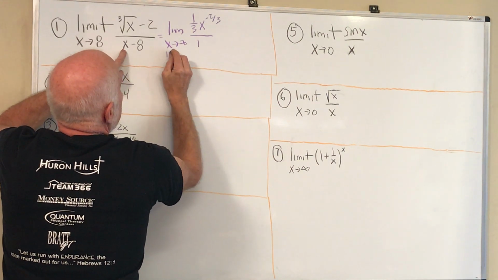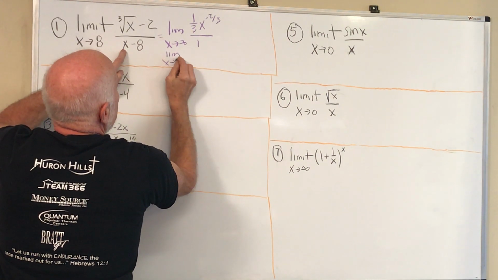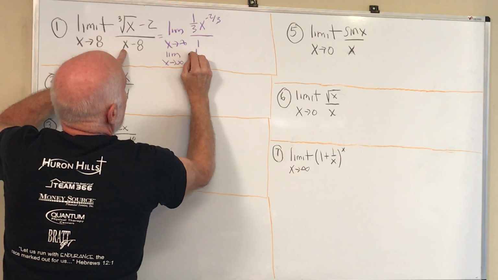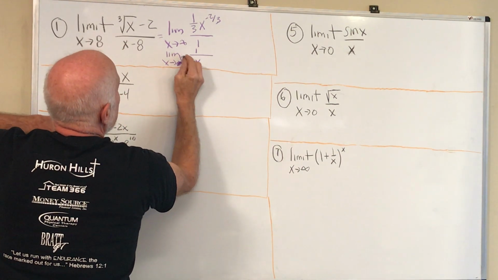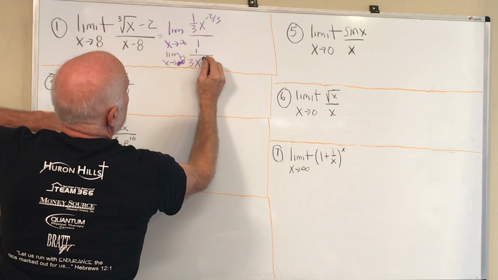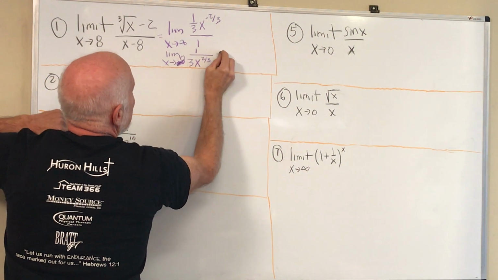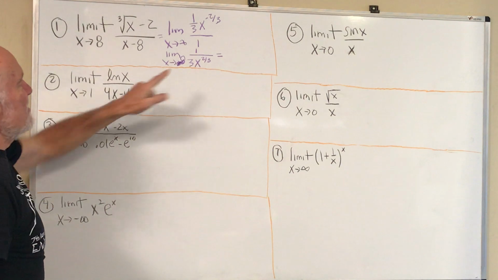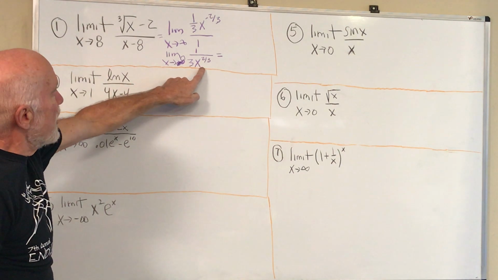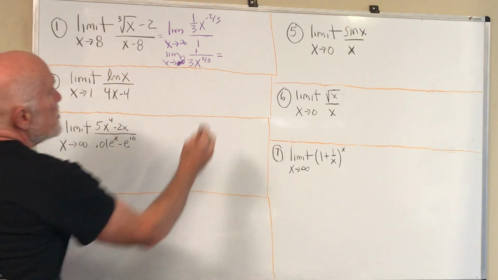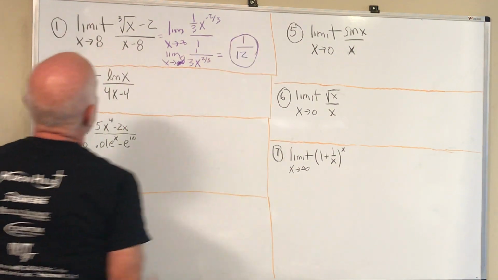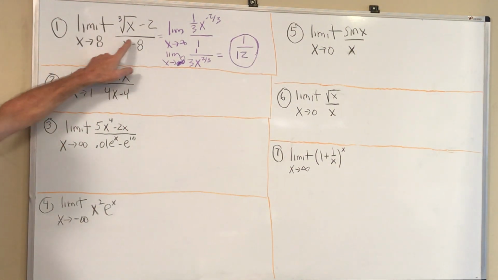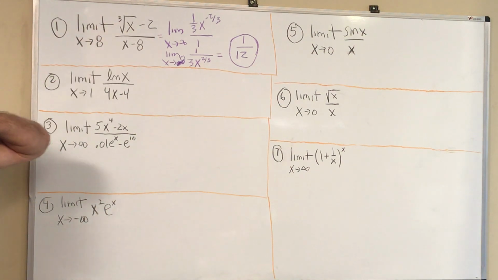So we have the limit as x approaches 8 of 1 over 3x to the 2/3. Well, 8 to the 2/3 is 4, so you get 1/12. And I couldn't have done that problem with geometry.